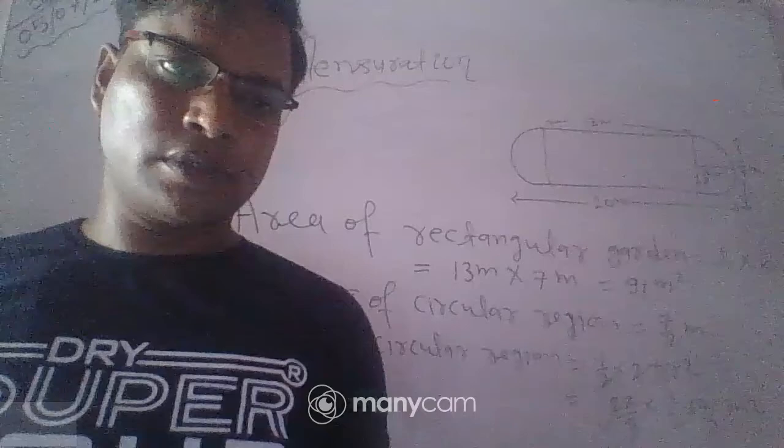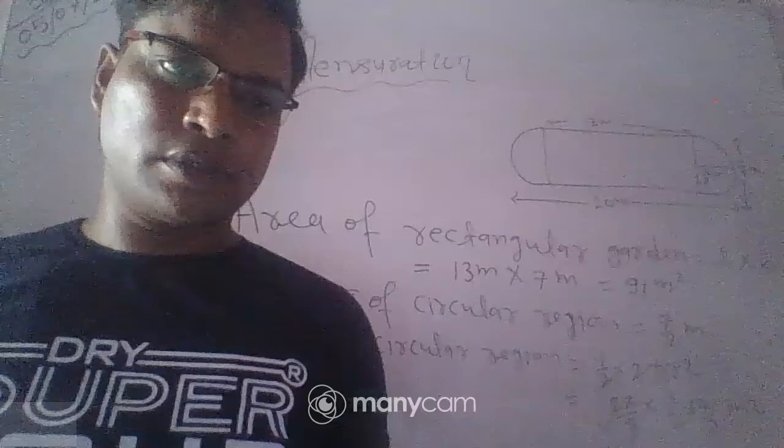The area of the rectangular region of the garden is 91 meter square plus the area of the circular region of the garden, 38.5 meter square. So sum it and you find the area of the garden. What is the area of the garden? 129.5 meter square. This is the area of the garden.